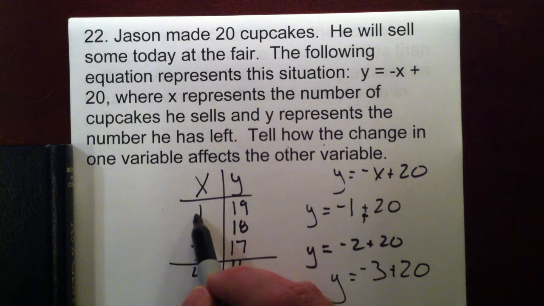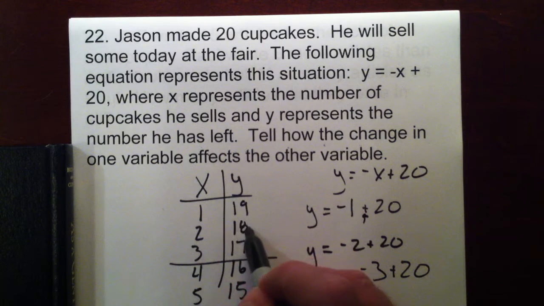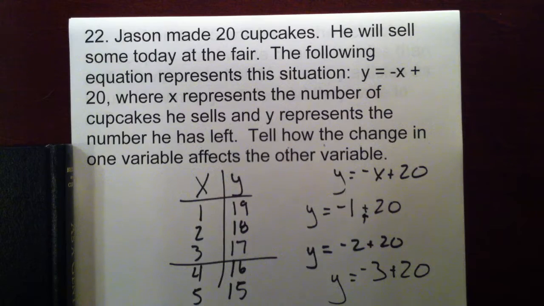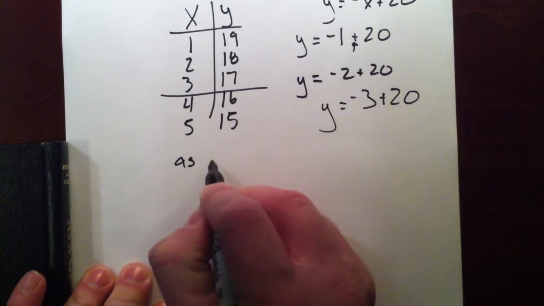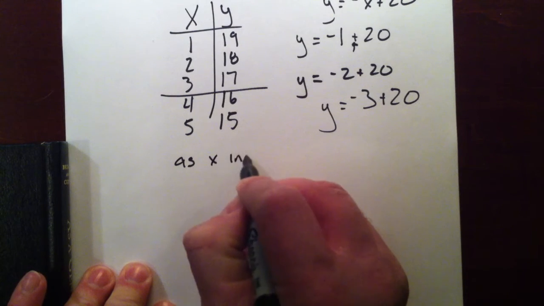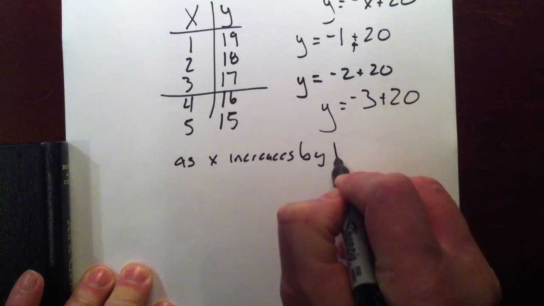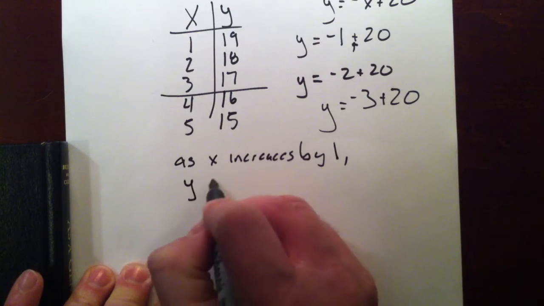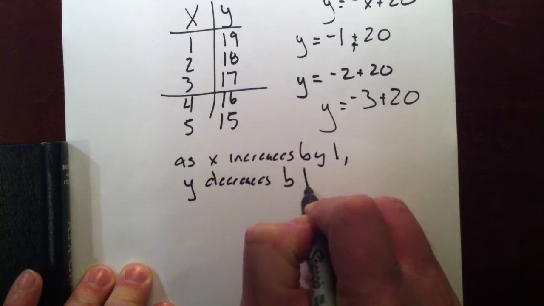As x increases by 1, from 1 to 2, from 2 to 3, y is going to decrease from 19 to 18, from 18 to 17. Therefore, our answer is going to be as x increases by 1, y decreases by 1.